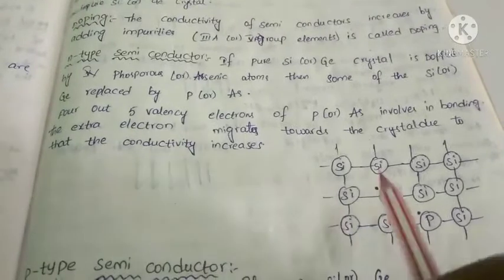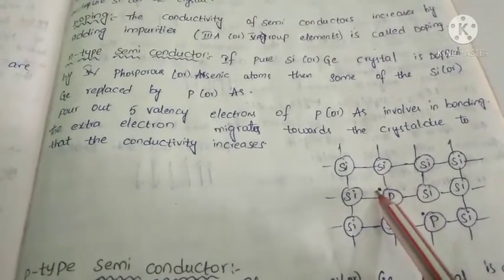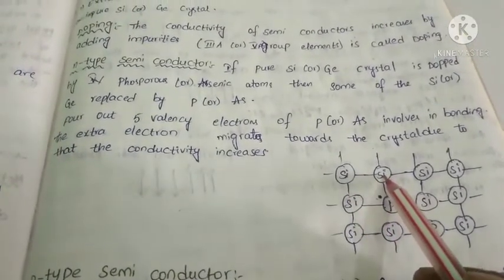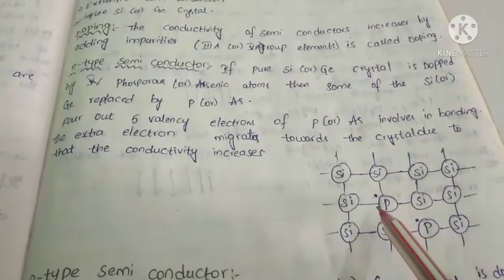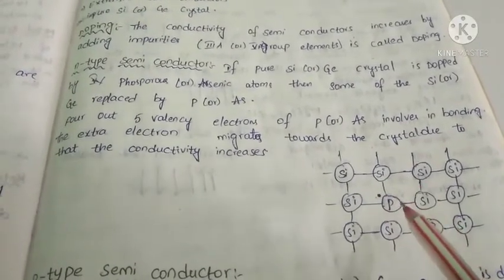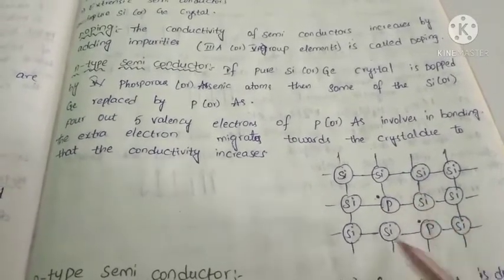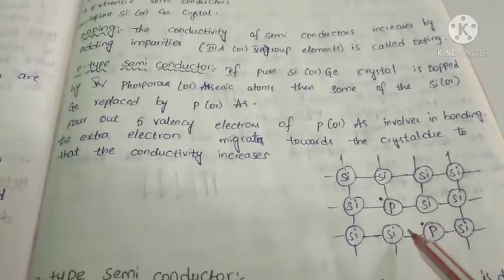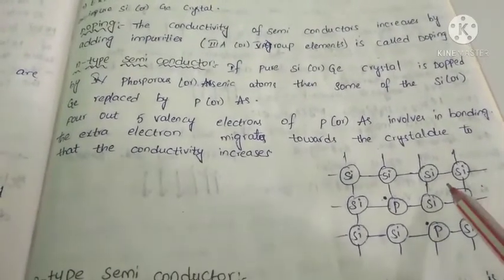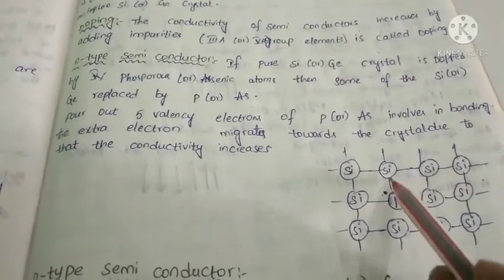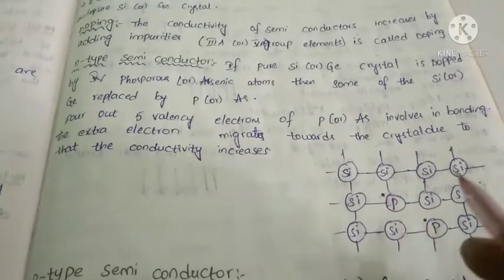Then what happened? 5A group elements have 5 valence electrons, 4A group elements have 4 valence electrons. Between valence electrons, some attractions are present. Due to that, some bonds are formed. Those bonds are called covalent bonds. After forming covalent bonds, if you observe this structure, 4 bonds are formed.